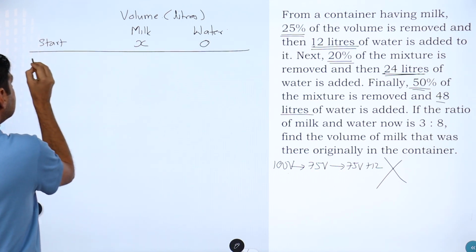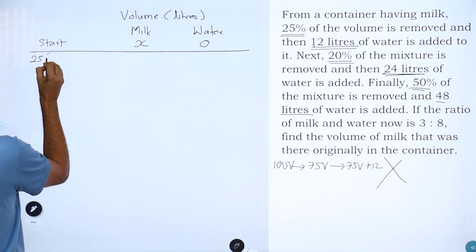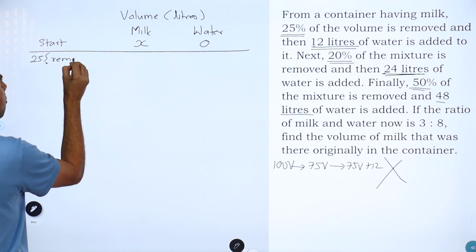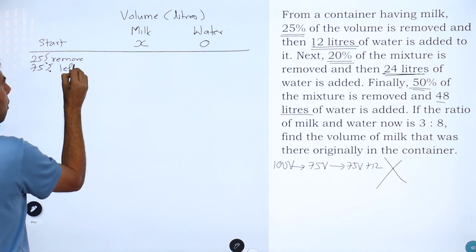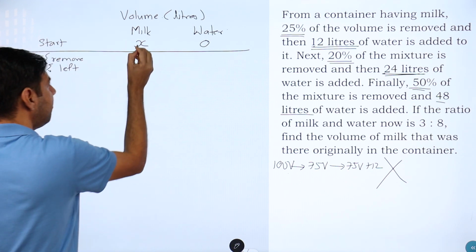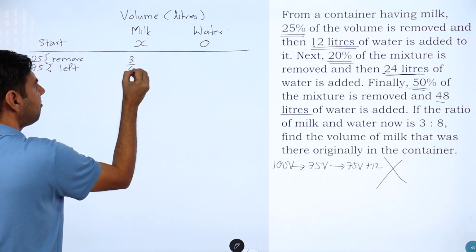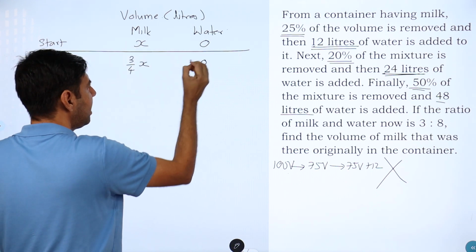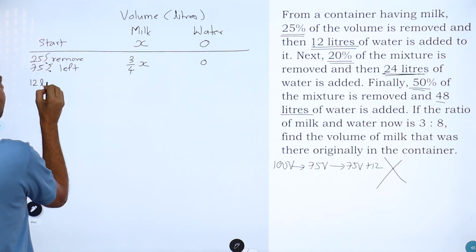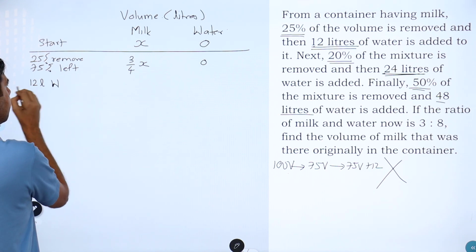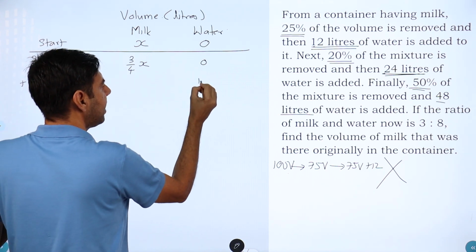Now 25% is removed. So when I remove 25%, 75% will be left. What is gone is gone. So 75% of this, 3/4 of X, will be left, and water is anyway 0. Now 12 liters of water is added, so that water will directly get added here.